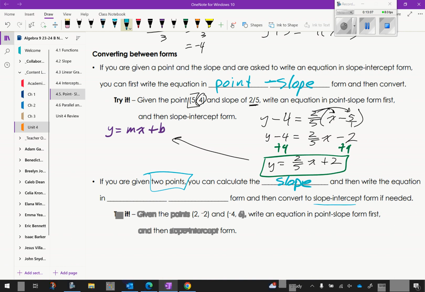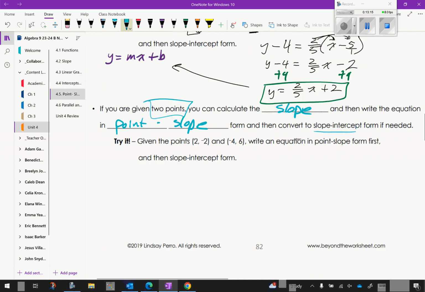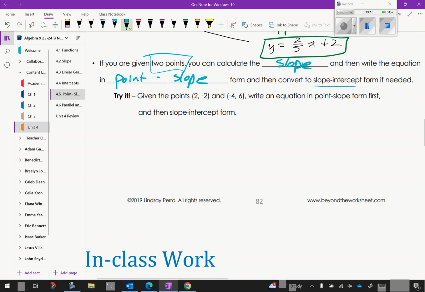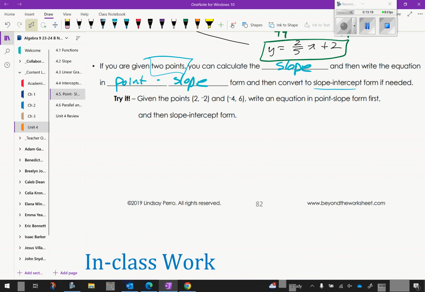We're going to put it into point-slope form, and then convert it into slope-intercept. Given the points (2, -2) and (-4, 6), write an equation in point-slope form first, and then we'll simplify it into slope-intercept form.